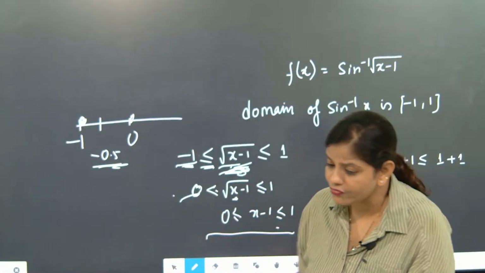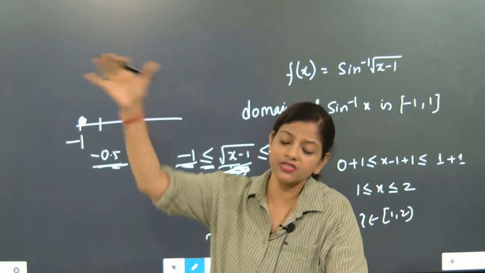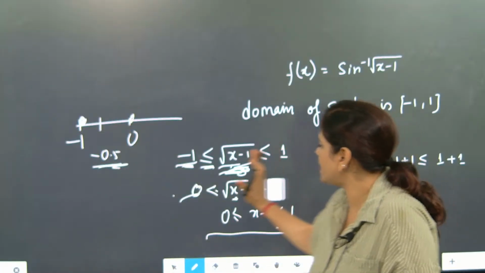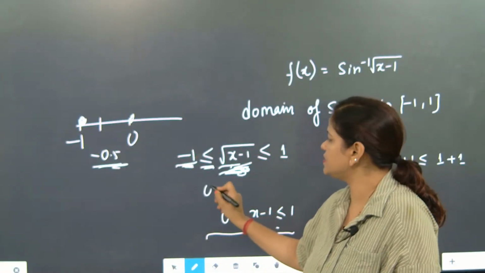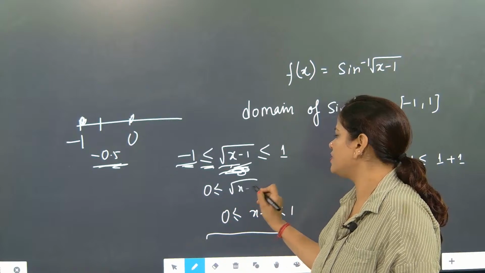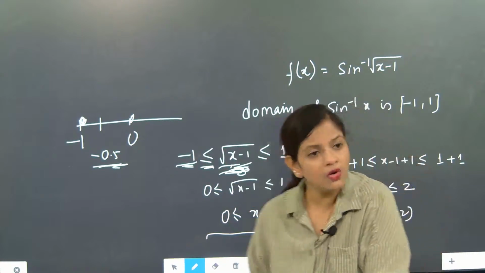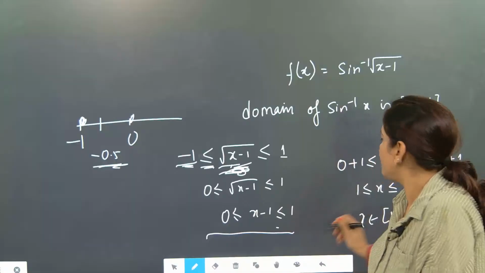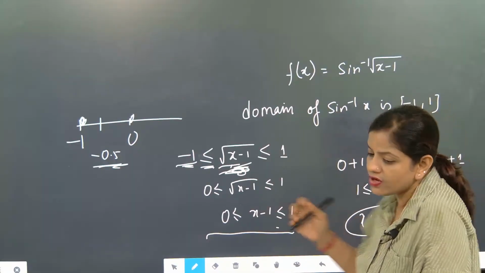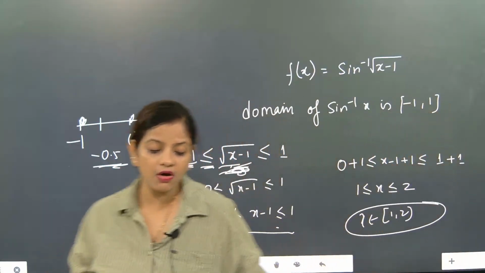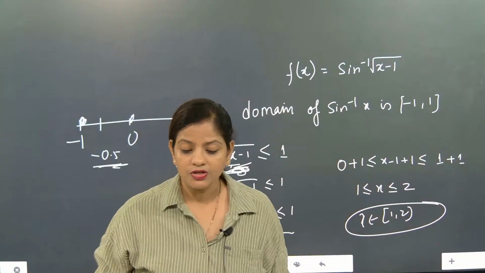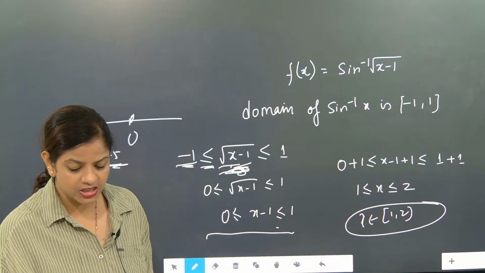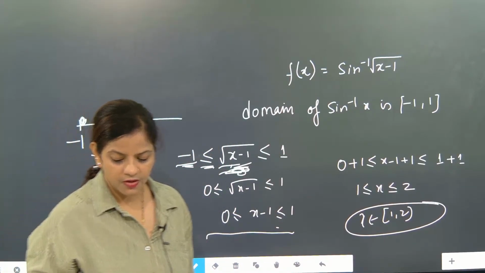We removed that number which was exactly 0. So we wrote our condition as 0 is less than root under x minus 1 to 1. We removed negatives, and after removing negatives we got a platform where whatever values you take, it will always be greater. Understood or not? So this must be remembered. Okay.